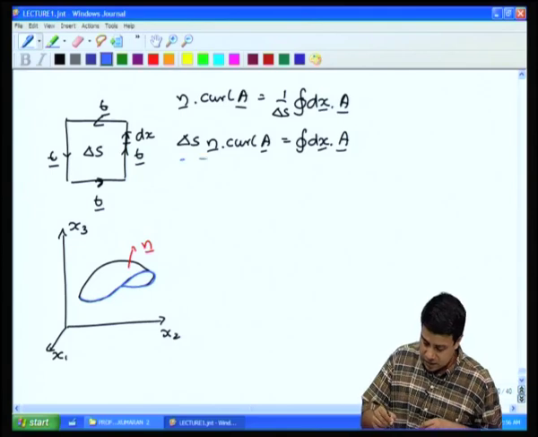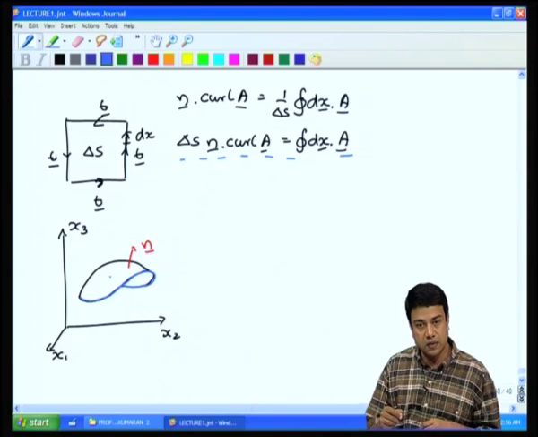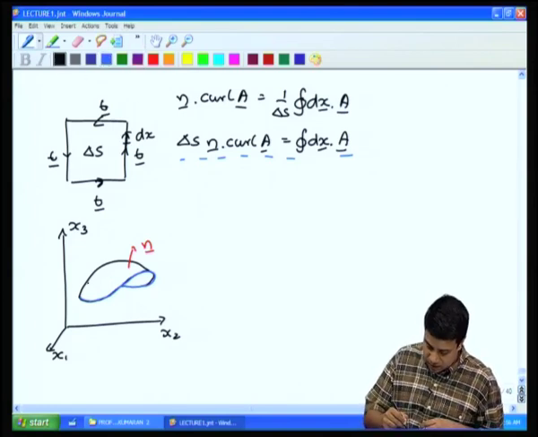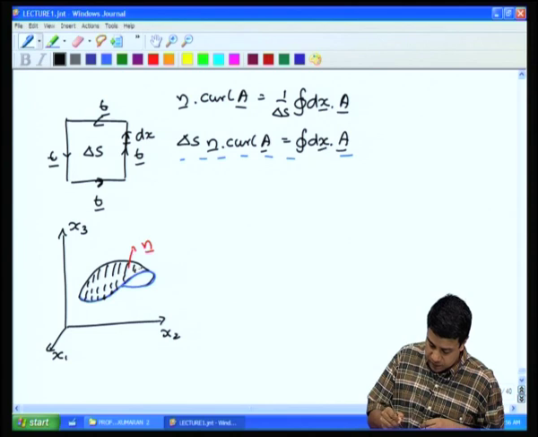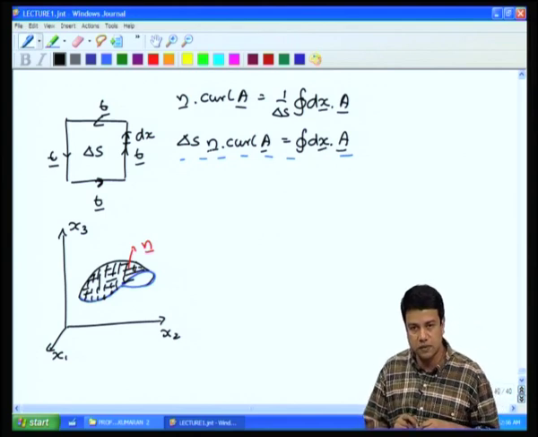This relation that I have is for each little patch on that surface. So, what I can do is take this entire surface and cut it into small little patches. For each little patch, this thing works.